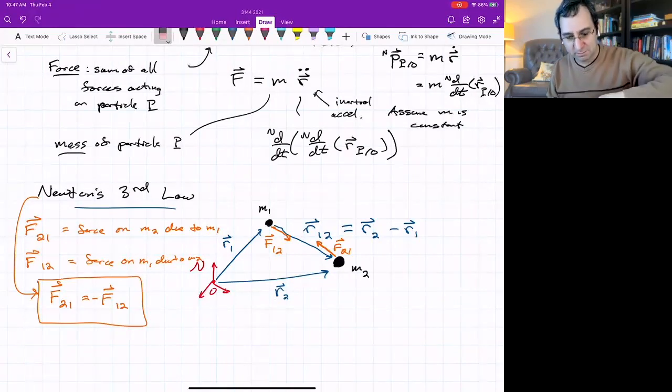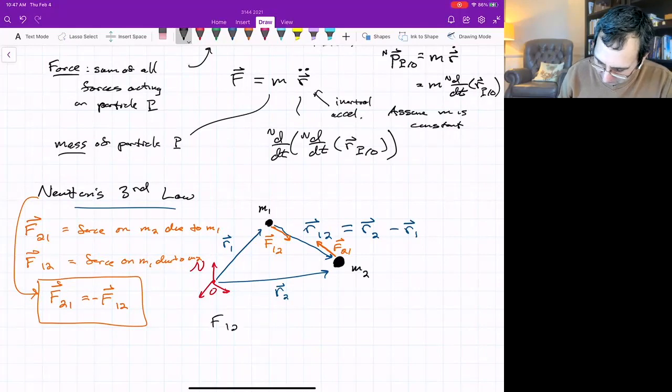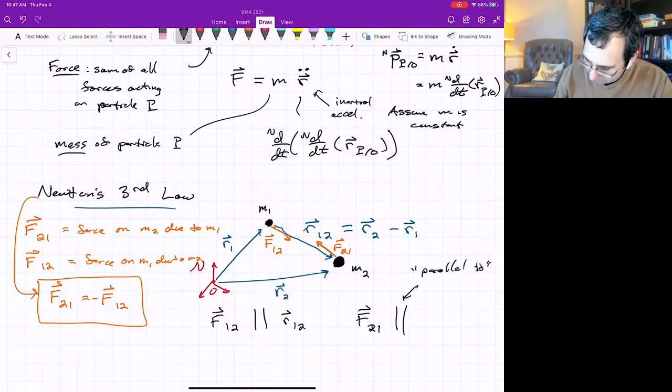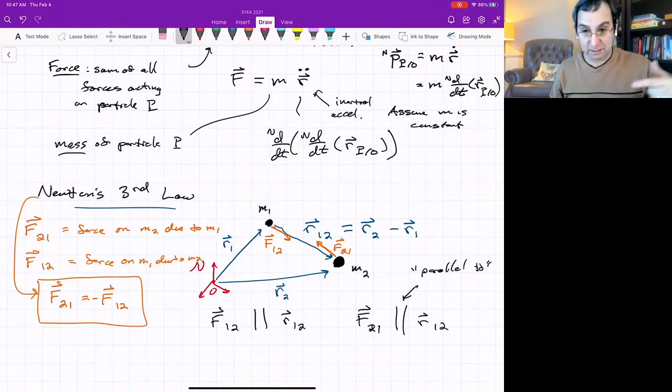And that's why we draw it this way. So we think of F1,2 as parallel to R1,2, and same, F2,1 parallel to R1,2. So the line connecting them. And that's how we'll be thinking of that.